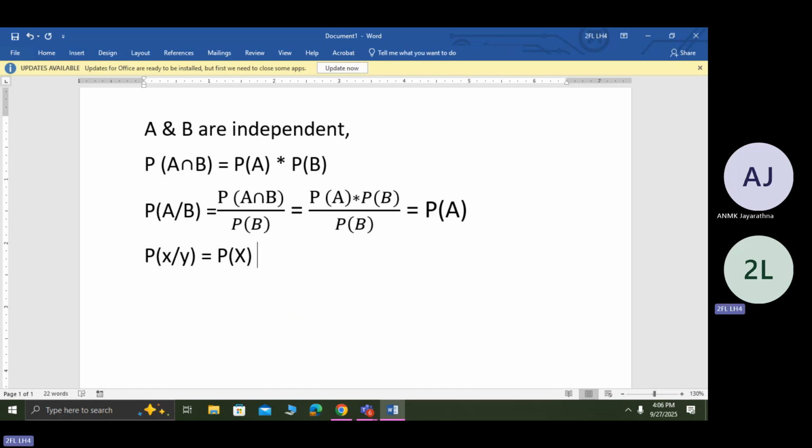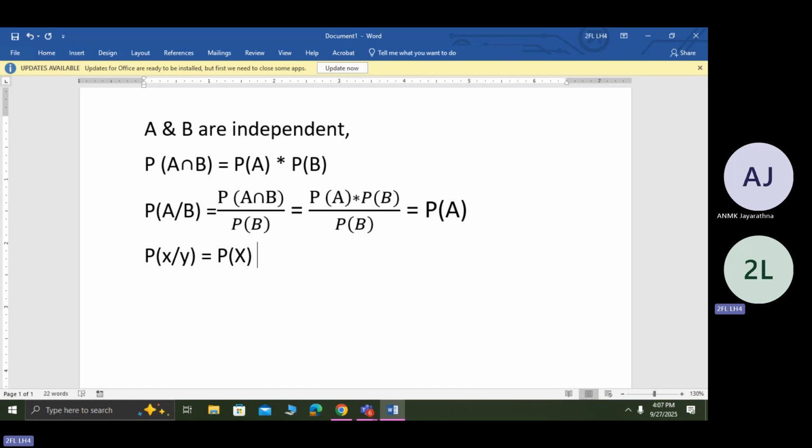It's clear? Given two events are independent, the intersection is equal to the multiplication of the probabilities of the given two events. Okay, then in the conditional probability concept, it's directly equal to the probability of the second event. Understood? Memorize these concepts.